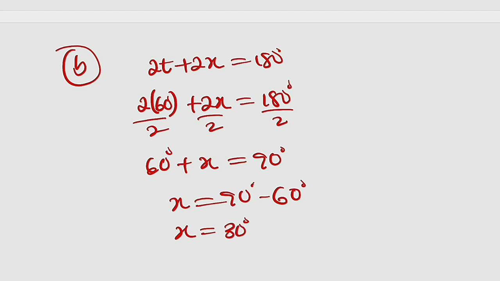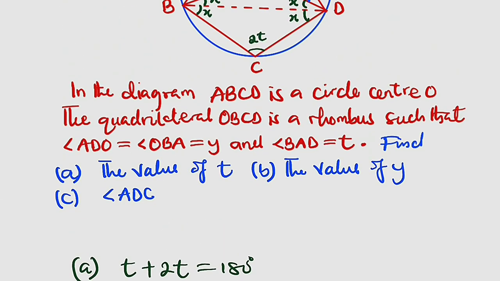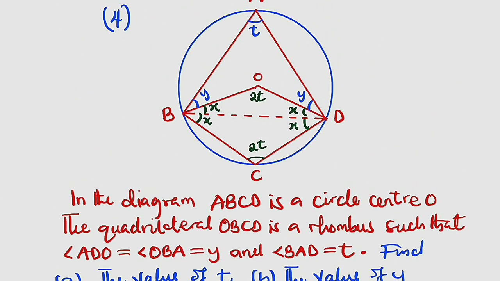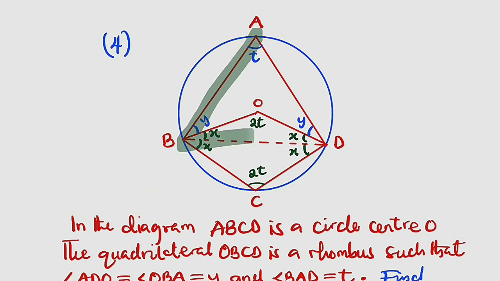So if x is 30 degrees, how can we find the value of y? Just pay attention to this triangle right here, ABD. By adding y, x, and t together, which are the interior angles of that triangle, we shall obtain 180 degrees. So let's add all of them together. We have t plus 2y plus 2x, right?